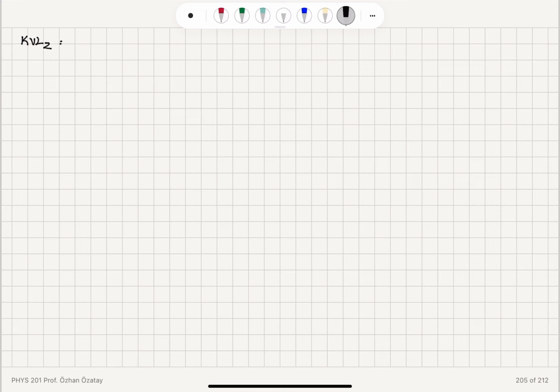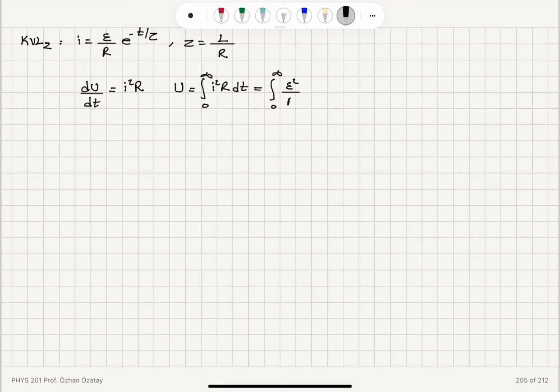So for KVL2, the current as a function of time is epsilon divided by R e to the minus t over tau, where tau is our time constant, which is L over R. Now, if I look at the power dissipated by the resistor, which is I squared R, it is equal to the integral from time t equals 0 to infinity, I squared R dt, and it is integral from 0 to infinity epsilon squared over R squared R e to the minus 2t over tau dt, and this will give me epsilon squared over R.